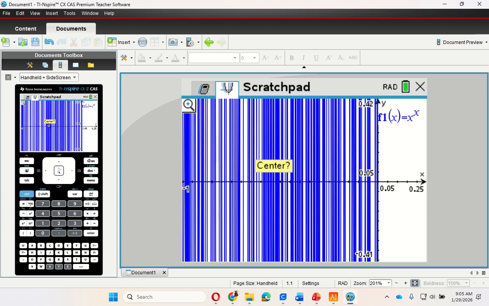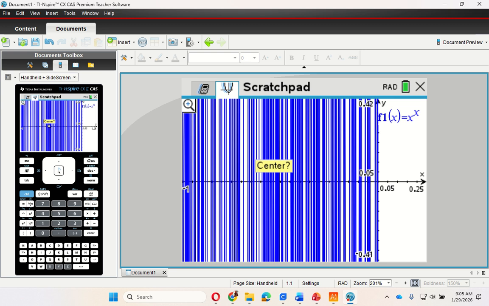What's that called there when the graph looks like this? There's a special word for it. Oscillating? It's oscillating, so it's up and down real quick. As I keep zooming in closer and closer, it's going to keep oscillating up and down.